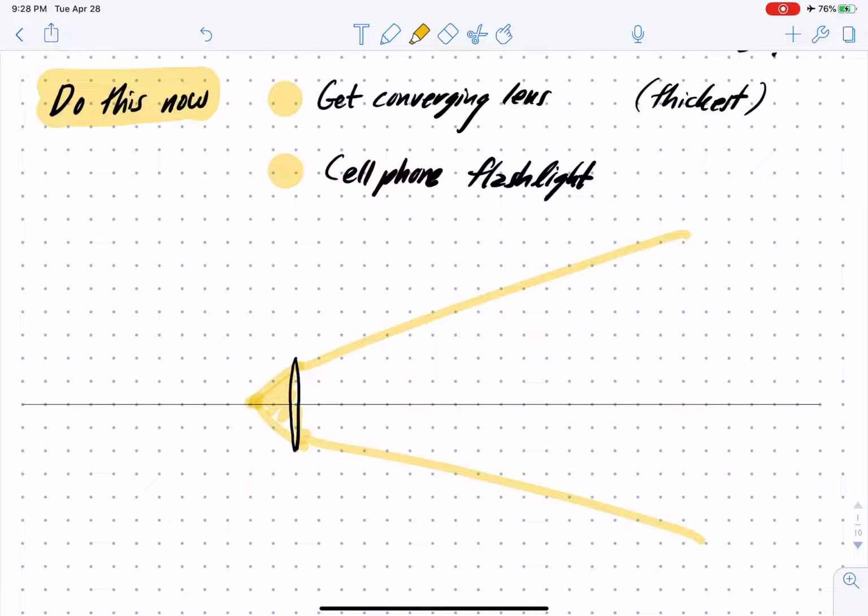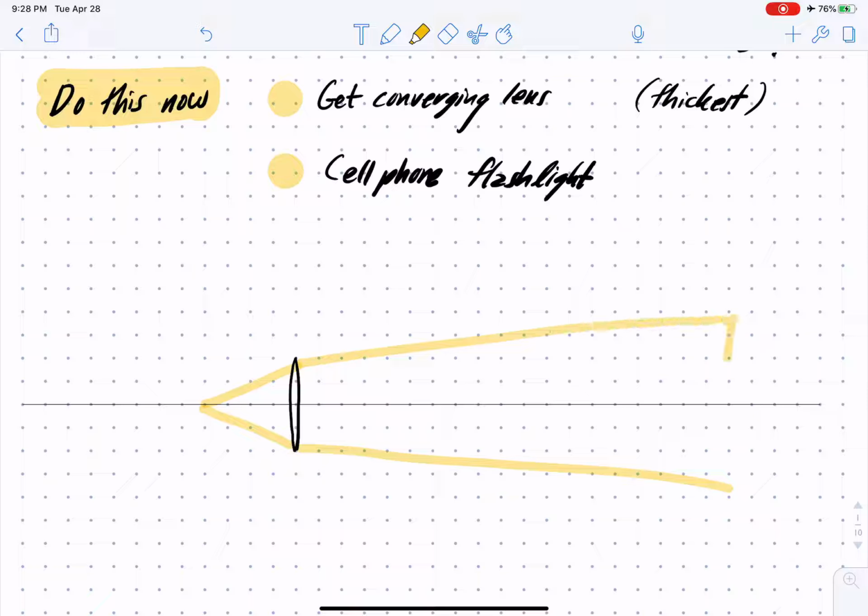Now, what we're going to do now is we're going to slowly move the flashlight further away from the lens. As you do so, you should find that this circle over here on the wall will shrink.